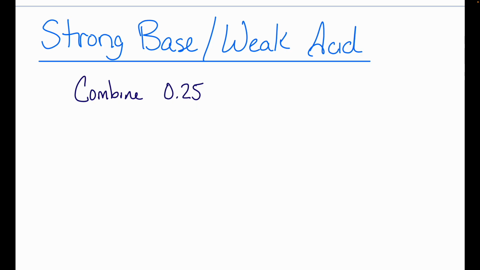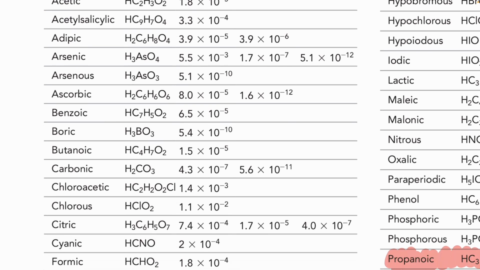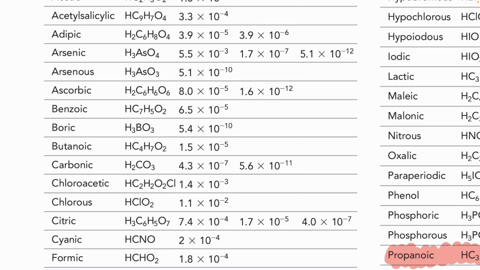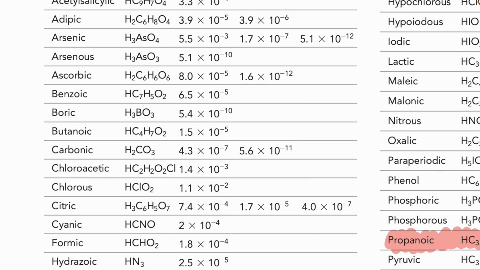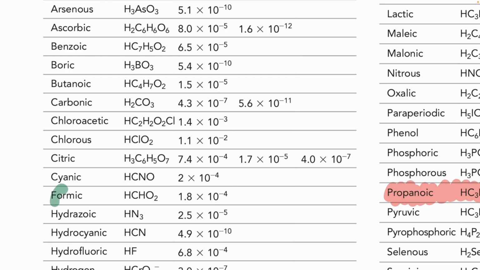I'm going to combine 0.25 molar NaOH and 0.6 molar of a weak acid. All right, let's grab one that we haven't used before. We'll do formic acid, great.